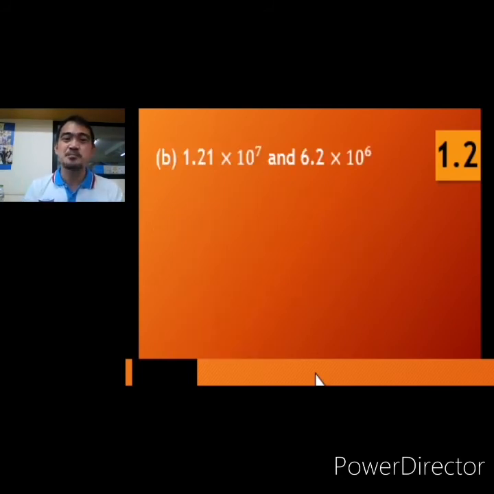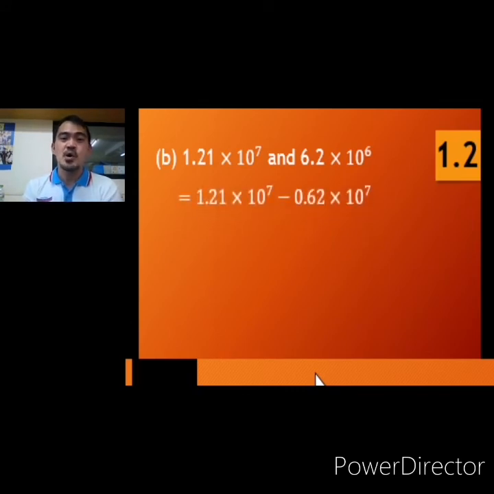Let's continue, letter B. Find the difference between 1.21 times 10 raised to 7 and 6.2 times 10 raised to 6. They have different powers of base 10, 7 and 6. So, since we know that 6 is less than 7, we need to change 6.2.